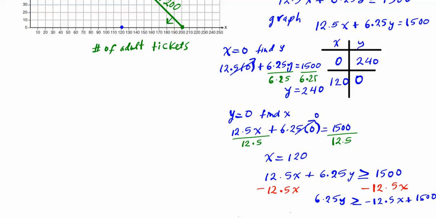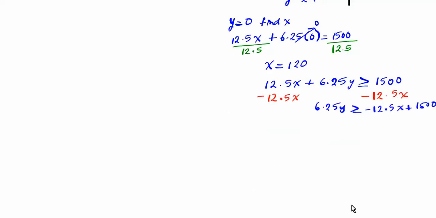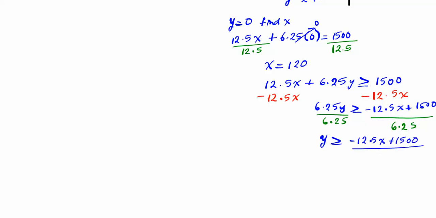And then you divide by 6.25. Okay, we don't have to solve it all the way. We're just looking for a general look. So y is greater than or equal to negative 12.5x plus 1500 divided by 6.25.